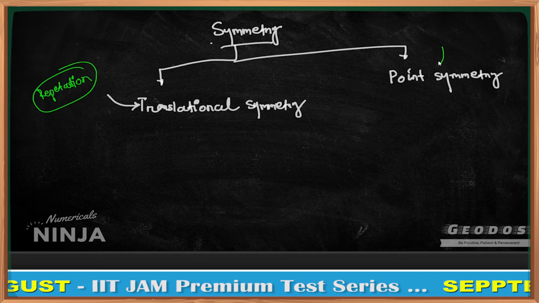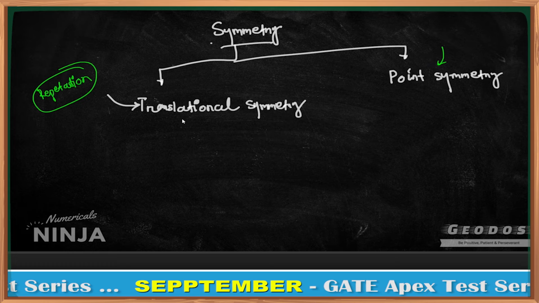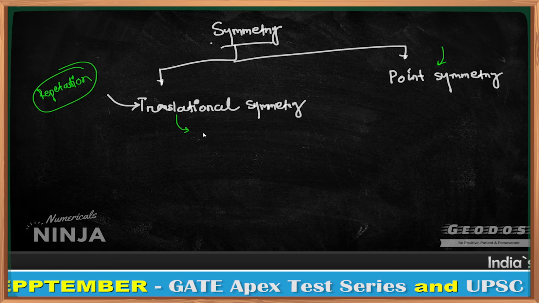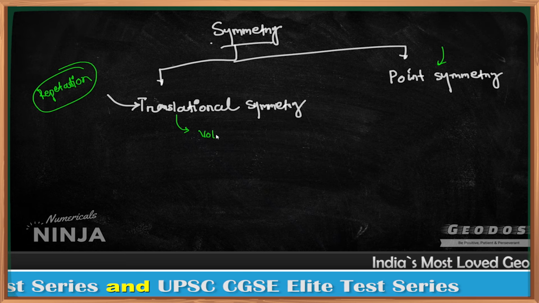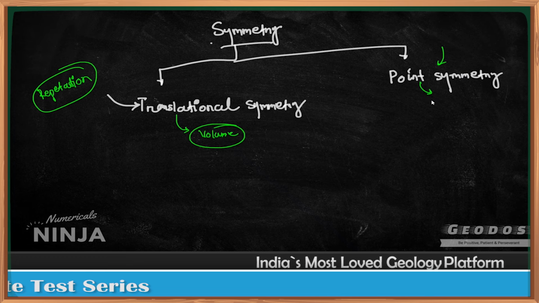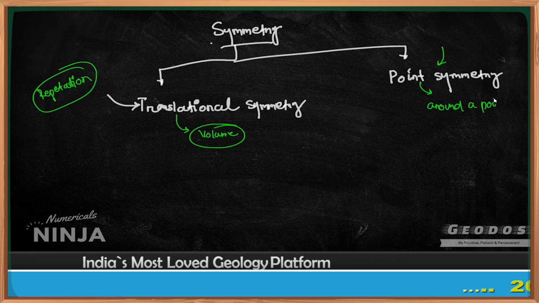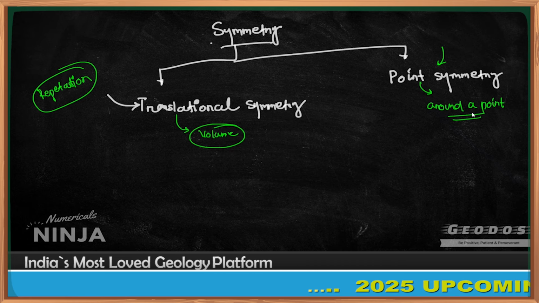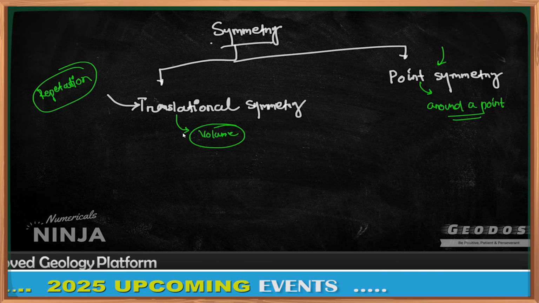In case of point symmetry, translation also happens, but the most important difference is that translational symmetry is the repetition of motifs through volume, and in point symmetry it is the repetition of a motif around a point. Is it clear everybody?